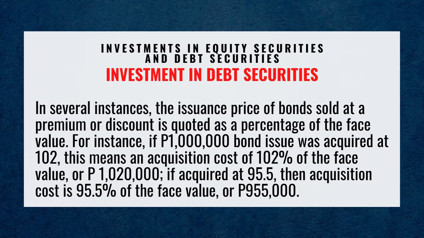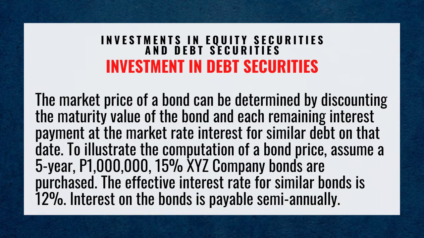If acquired at 95.5, then the acquisition cost is 95.5% of the face value, or 955,000 pesos. The market price of a bond can be determined by discounting the maturity value of the bond and each remaining interest payment at the market rate of interest for similar debt on that date.